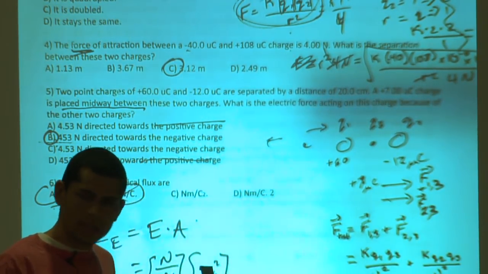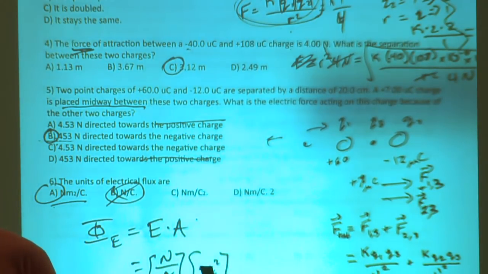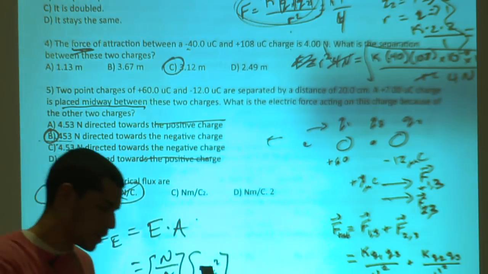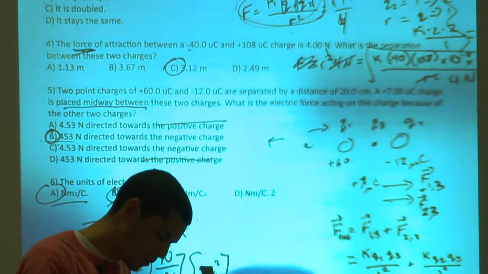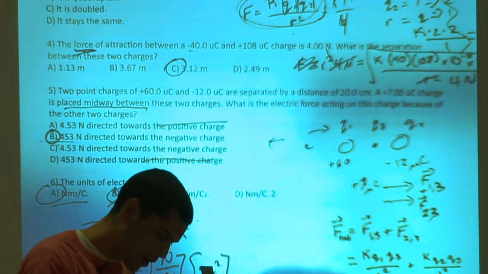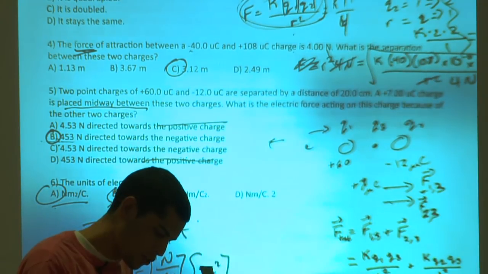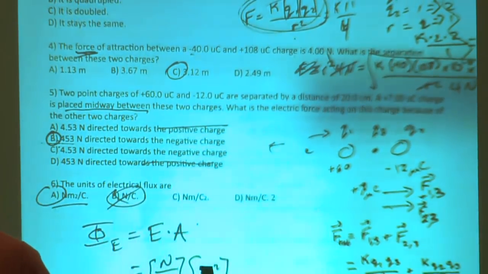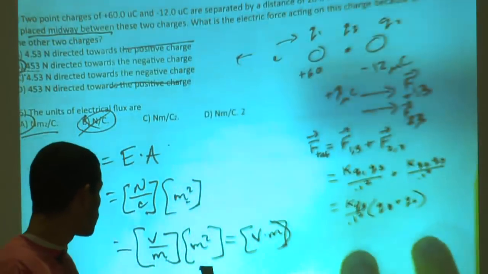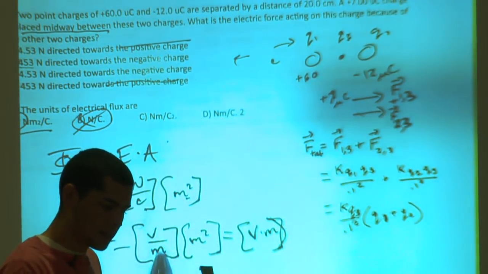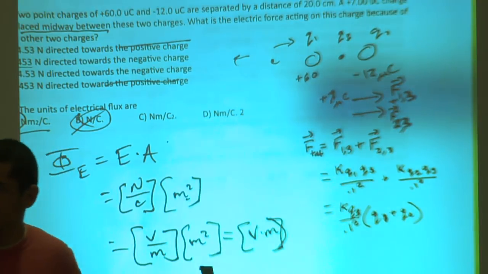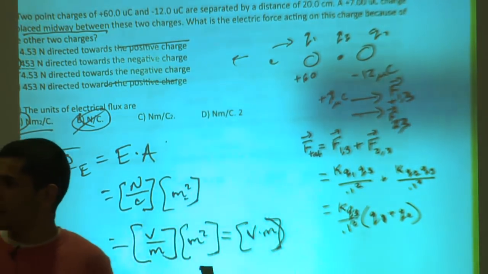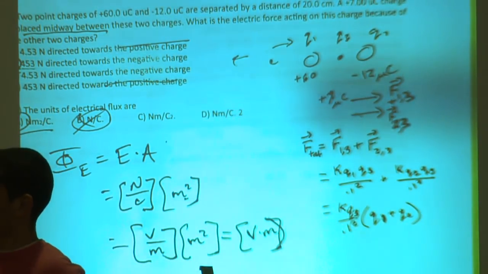Or what's another way we see electric field? Volt per meter. Awesome. So volt per meter times meter squared equals volt meter. Okay, so don't forget the per in your dividing units.